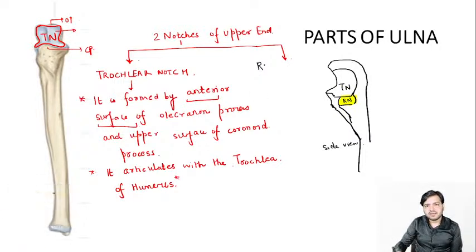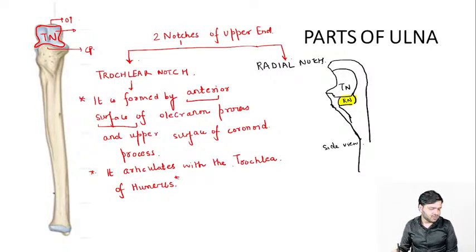So write down the radial notch. Now can anyone tell me why it is named the radial notch? It will be articulating with some surface or some bone, although it's clear from the name. It will form a joint, and I want the name of the joint also.